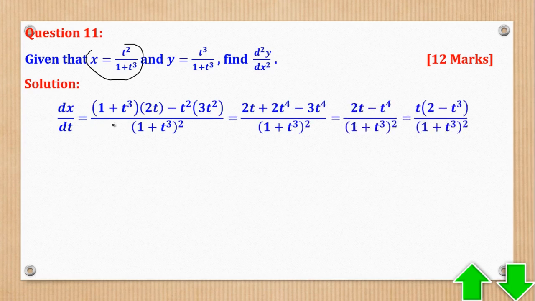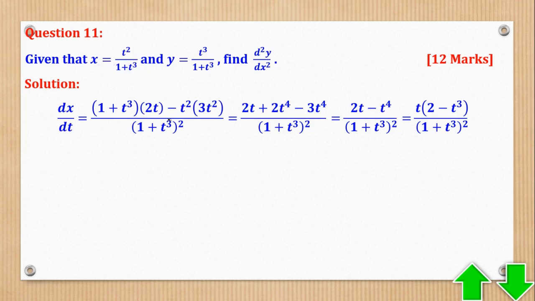Now quotient says keep the denominator constant, which is here, then differentiate the numerator, which is 2t, minus keep the numerator constant, which is this, then differentiate the denominator, which is 3t squared. Everything divided by the denominator squared.